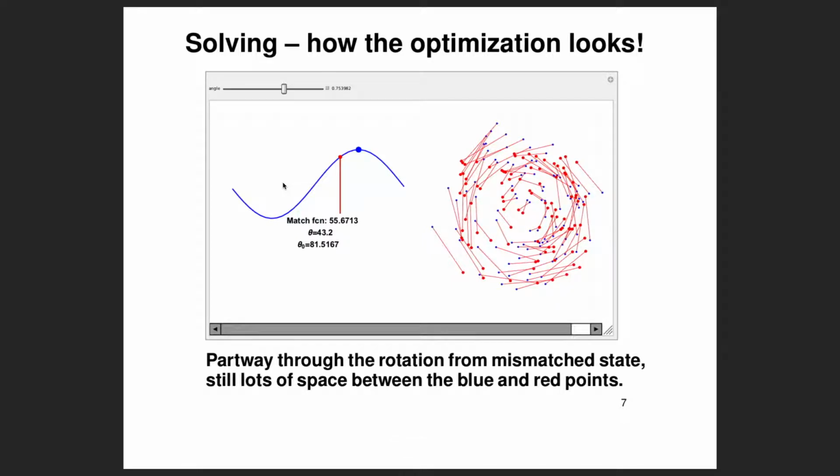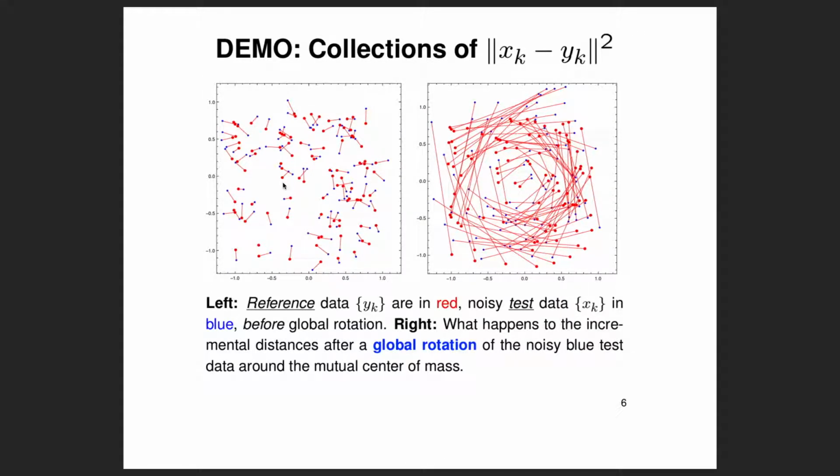Now, what it looks like, and this is just a two-dimensional sample. So if you start out with the reference data in red, and then a typical sort of simulated noisy data set like a protein simulation would give you the blue points as your test data. And then this is kind of where you start. This was where my simulation starts.